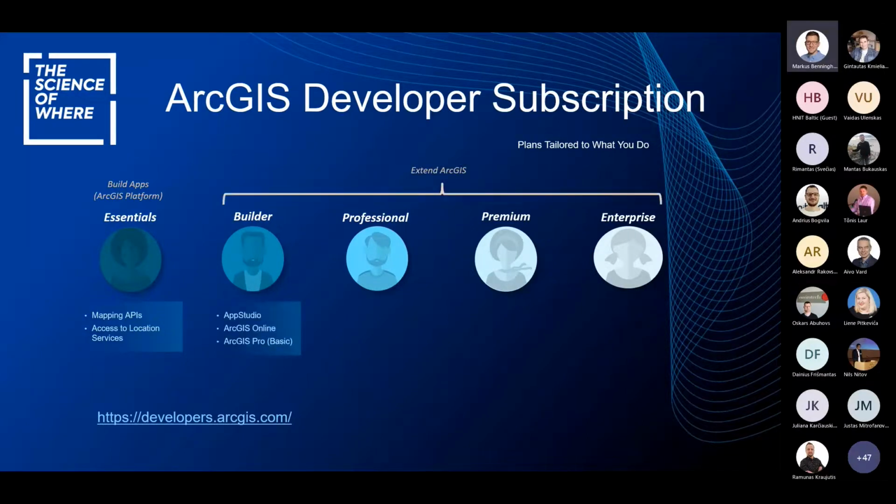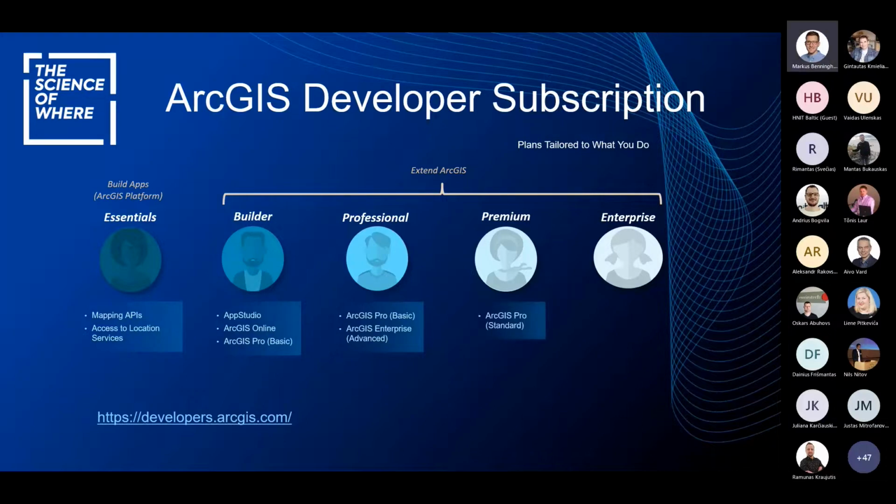If you need additional capabilities, if you want to extend ArcGIS Pro desktop solution, then you can upgrade your plan to the builder plan. If you want to use an ArcGIS Enterprise local server system and develop your extensions there, then you can upgrade to the professional subscription.